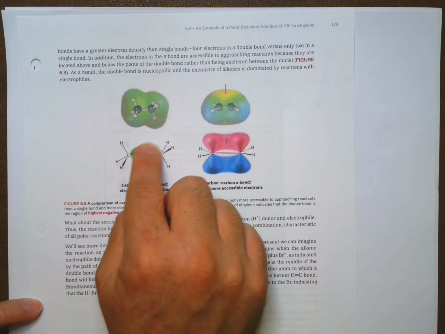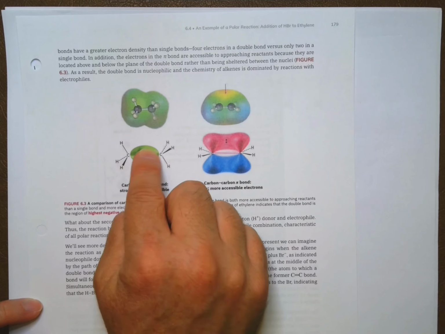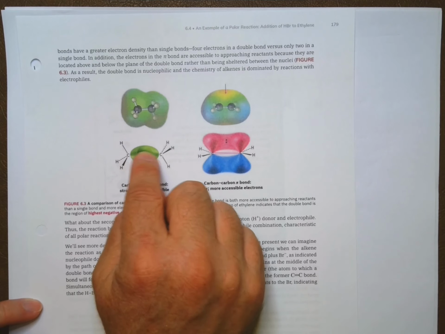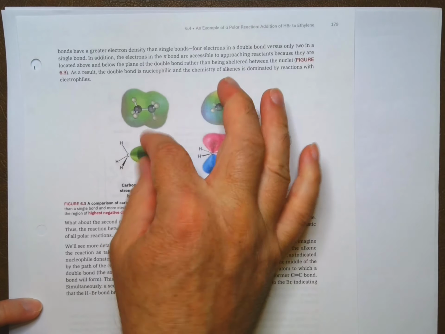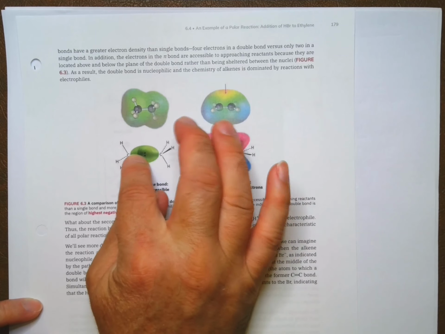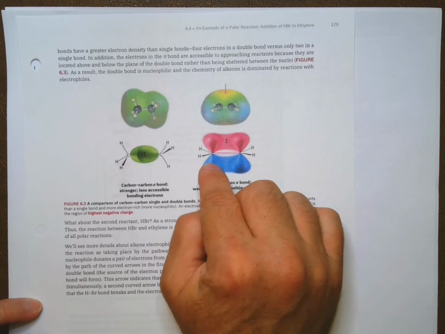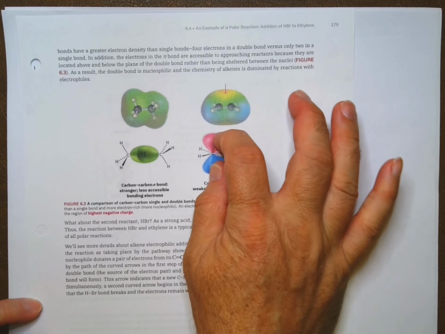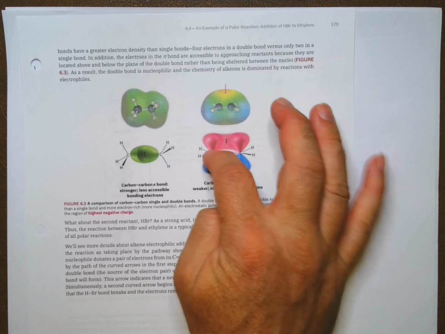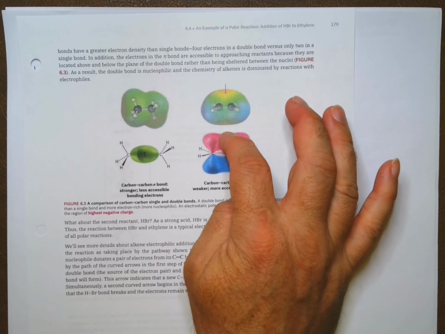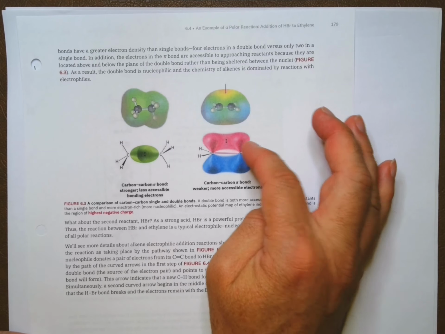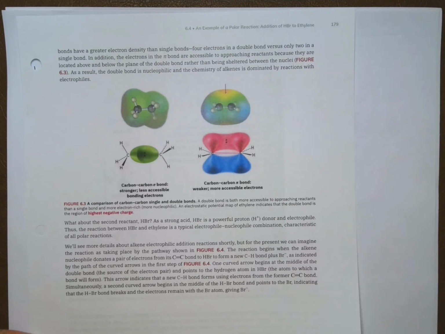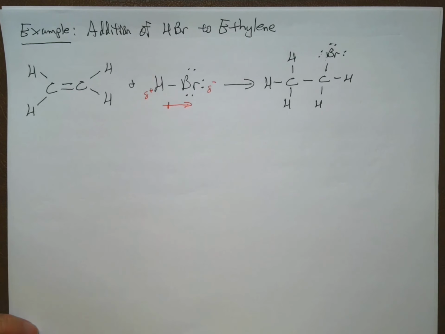For a regular sigma bond, those electrons are held inside the molecule. The electrons for the pi bond part of the double bond are above and below the plane of the ethylene molecule, so they're more readily accessible in a given reaction. So what exactly happens? Well, let's take a look.